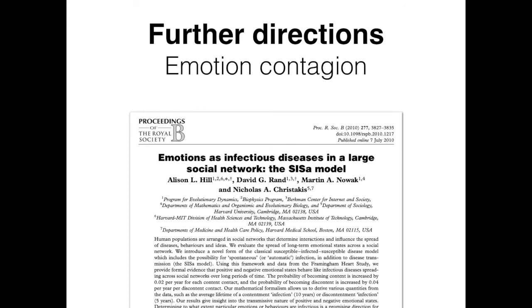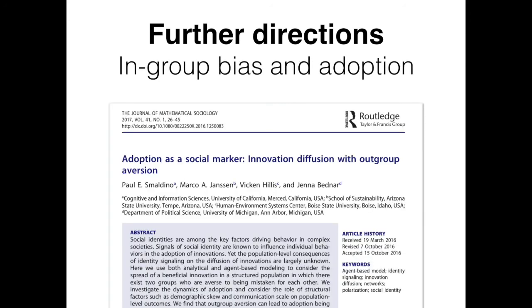Emotion contagion is another category of contagion. So this, instead of looking at rules for adopting, we look at the kinds of things that are adopted. Some researchers have used modified SIS models to explore how emotions or sentiments can spread on social networks. And finally, what happens if there's more than one social group in a population and they don't necessarily love each other or want to be mistaken for each other or identified with the other groups? So they might view adoption by in-group and out-group individuals differently.